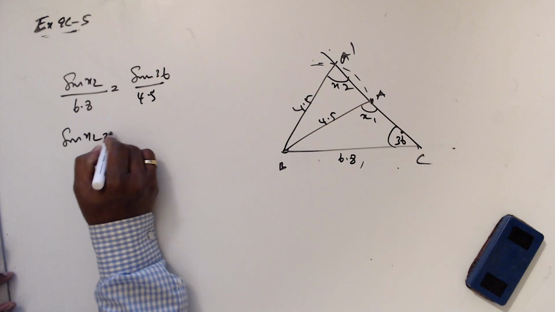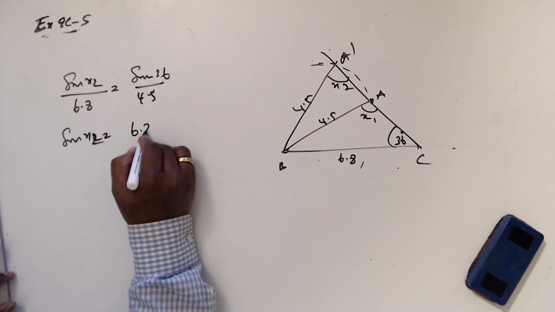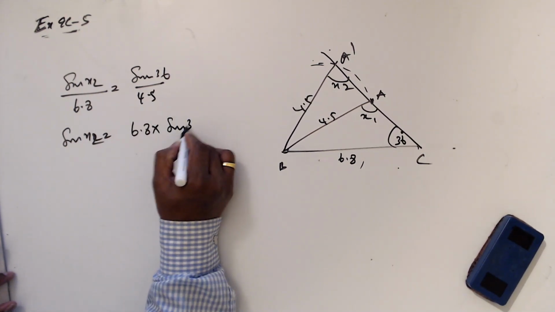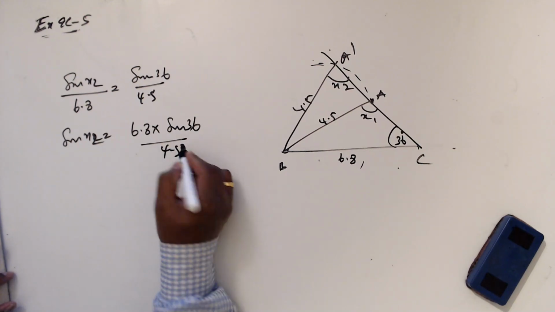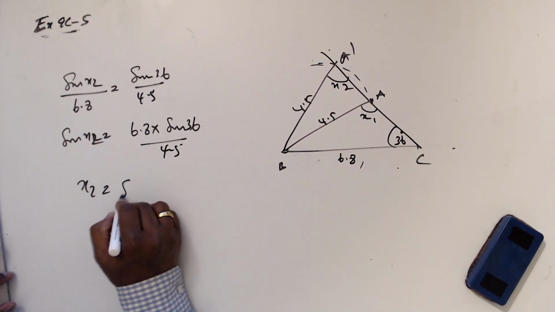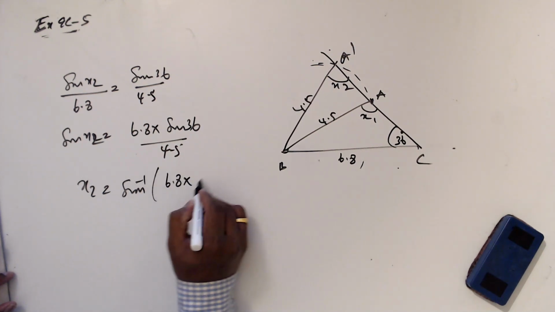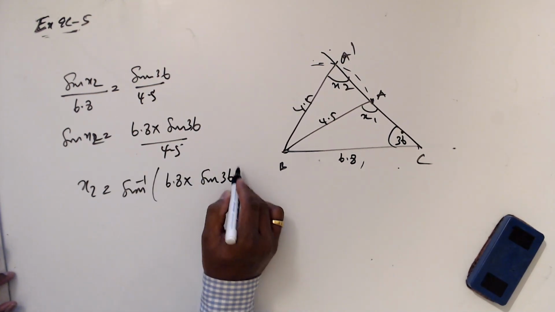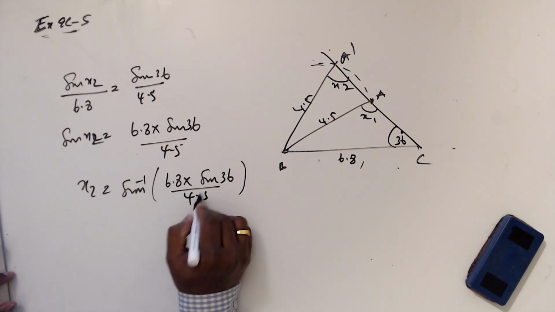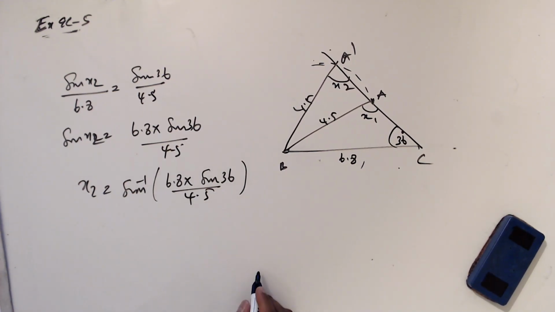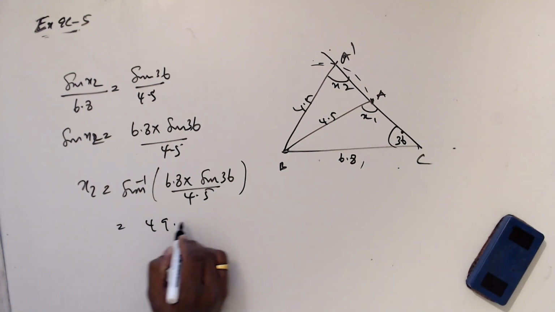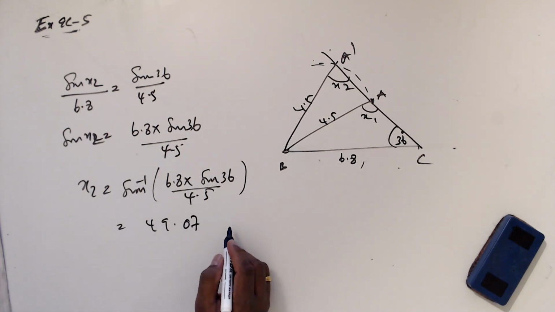Sine x2 equals 6.8 times sine 36 over 4.5. x2 equals sine inverse 6.8 times sine 36 over 4.5. This is 49.07.